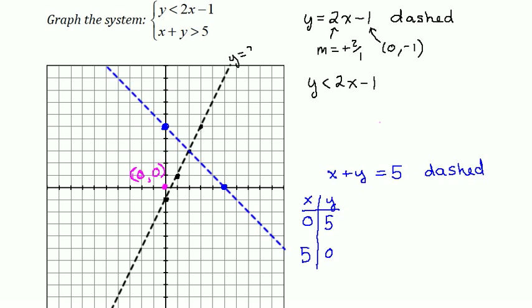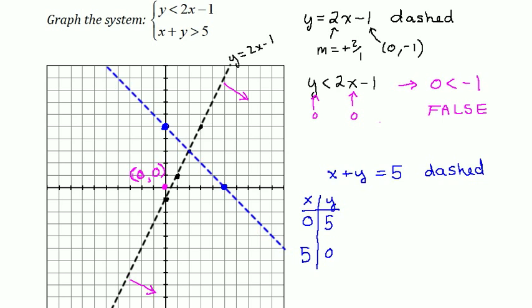Let's label this as y equals 2x minus 1. Plugging in 0 for x and y gives me 0 is less than negative 1, which is false. So from this first line, I'm going to shade away from 0, 0.